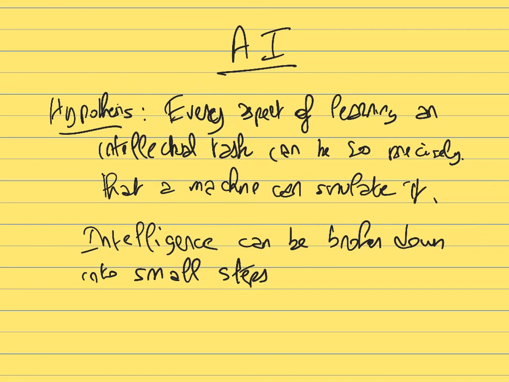Even a very complex problem can be modeled as a very big tree with a lot of branches and a lot of possible states. If you can model it as a tree, as a collection of small steps, then it can be solved by a computer. So intelligence can be broken down into small steps that can be solved by a computer program.